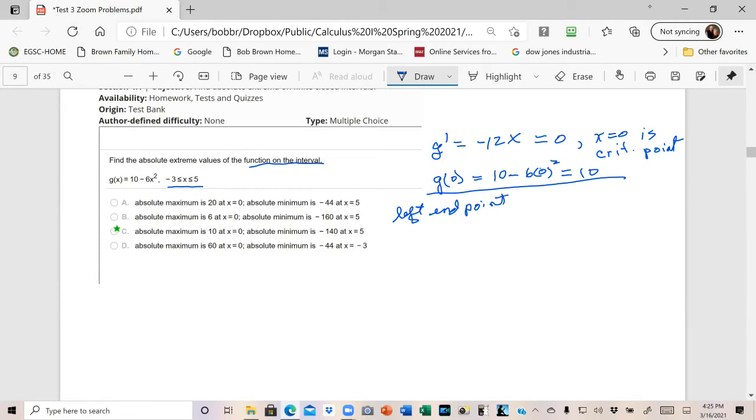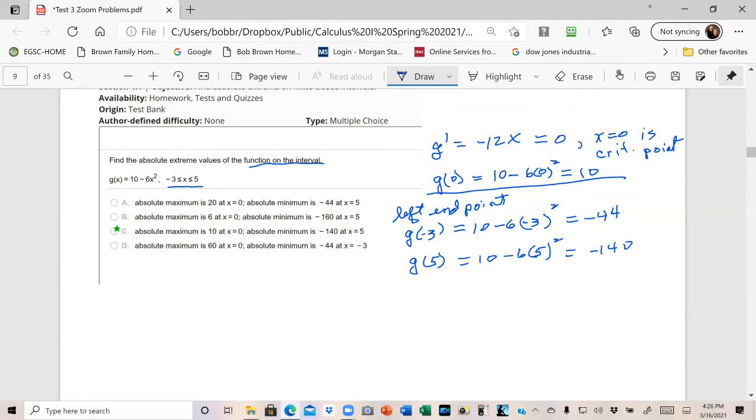That would be g at minus 3, which is equal to 10 minus 6 times minus 3 squared, equal minus 44. And then we'll calculate the function at the other endpoint, x equal 5, which is 10 minus 6 times 5 squared, and that's equal minus 140.